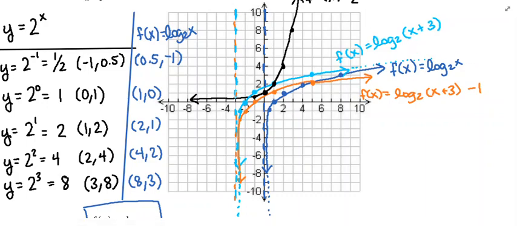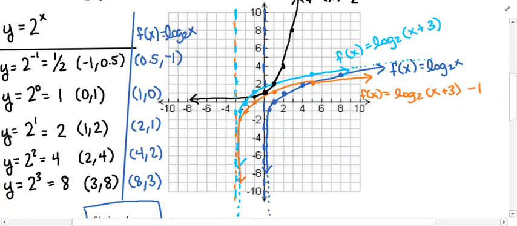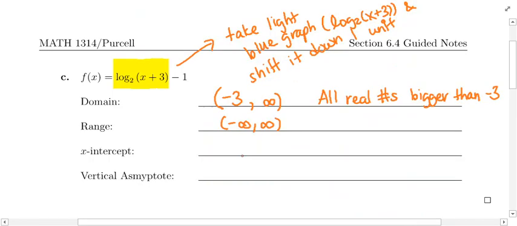What about the x-intercept? That did change. We shifted down 1 unit, so now we're crossing the x-axis at the point (-1, 0). That's right here, if you can see where my cursor is. So the x-intercept is x equals -1, or you can write it as an ordered pair (-1, 0).